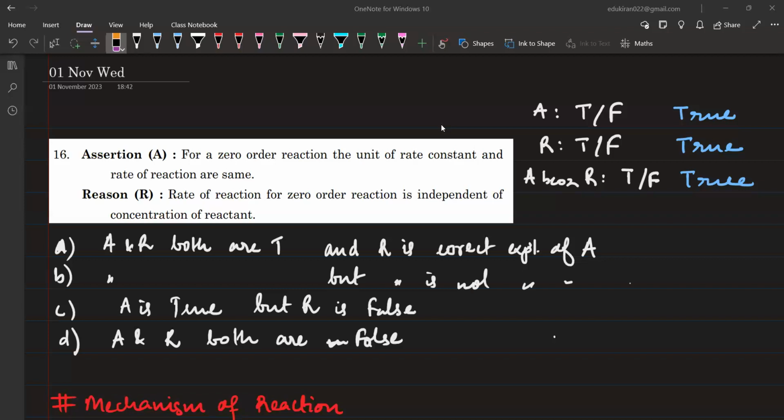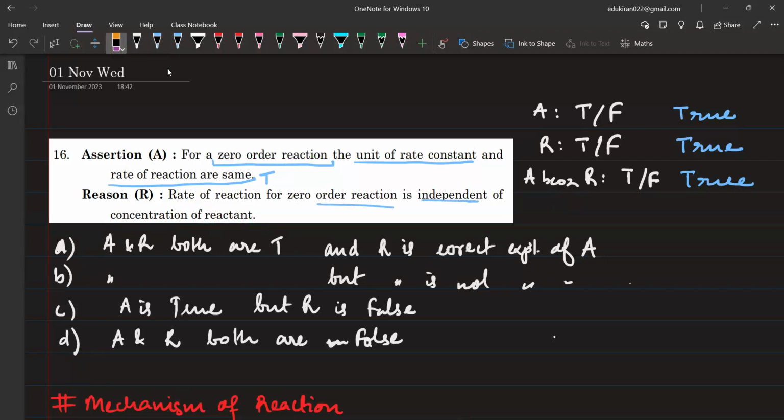Oh, A and D. How D? This is a correct statement, right? For zero order reaction, unit of rate constant and rate of reaction are same. This is true. Rate of reaction for zero order reaction is independent of the concentration of reactant.